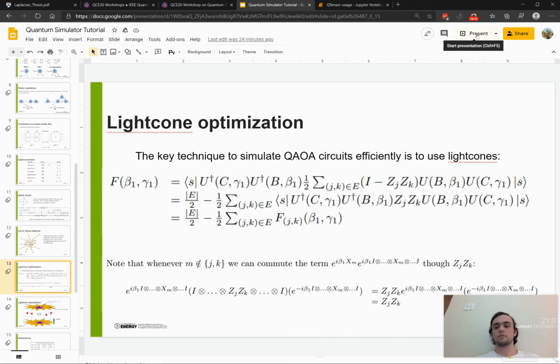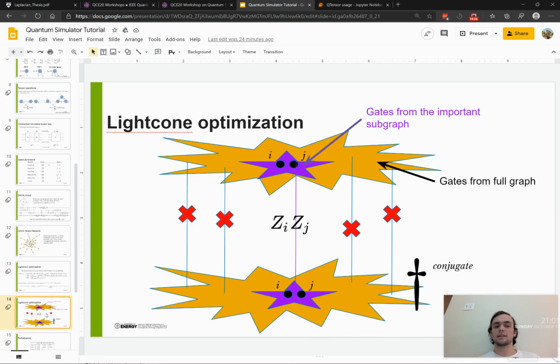You eventually want to optimize the energy, and for that, tensor network simulators are very useful because they allow you to calculate not only the probability state, but basically everything that you can get from a tensor network. Light cone optimization is where you cancel out all the gates from one part of the ansatz state and from the conjugate part of the ansatz state. You cancel out those parts that are irrelevant with respect to your particular part of the cost function.